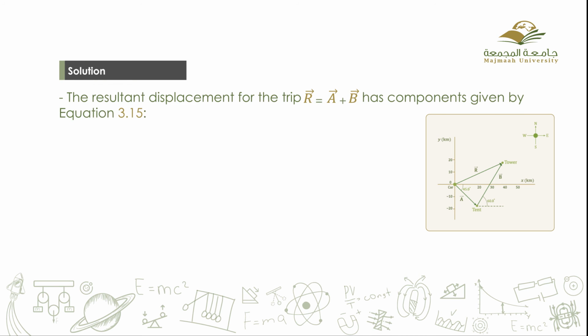The resultant will be easily calculated by adding vector A plus vector B.